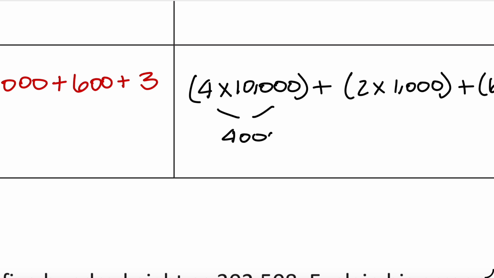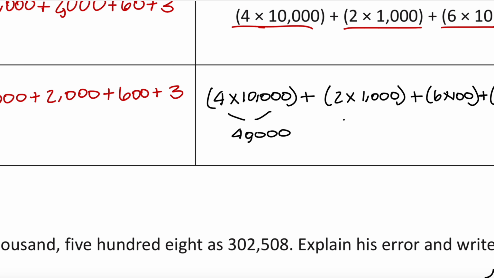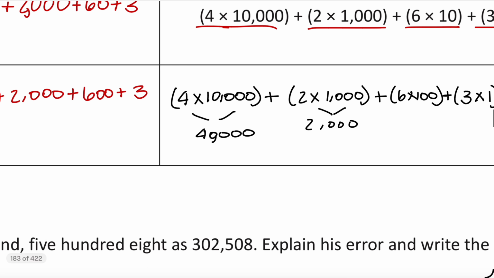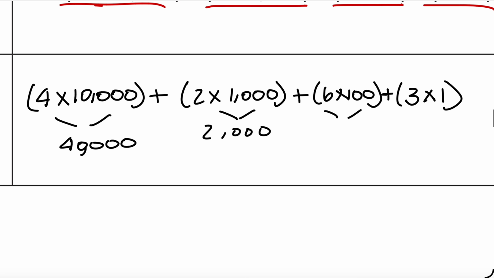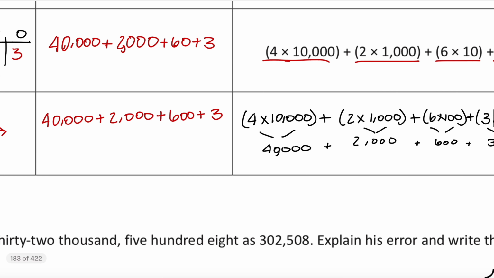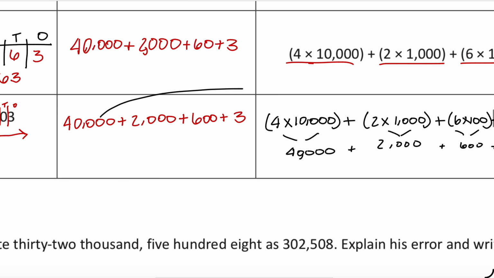And you're going to see that you're going to get the same thing here in expanded form. 2 times 1,000 makes 2,000. 6 times 100, 600. 3 times 1, 3. It's the same thing with expanded form. You're just explaining how you got this answer.